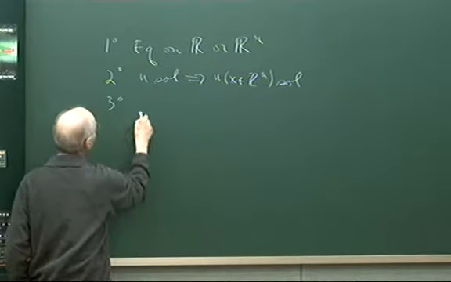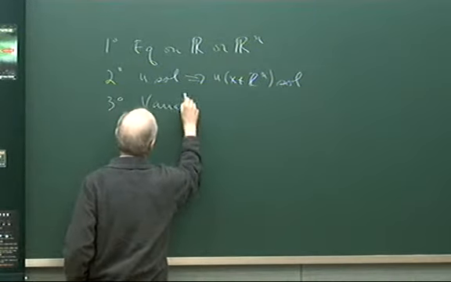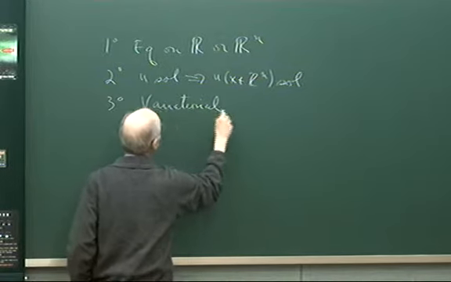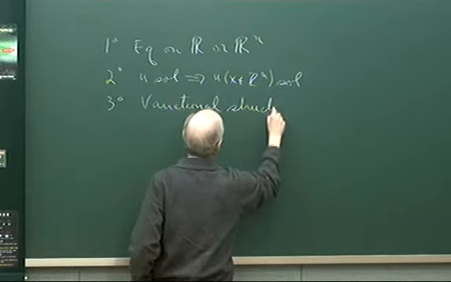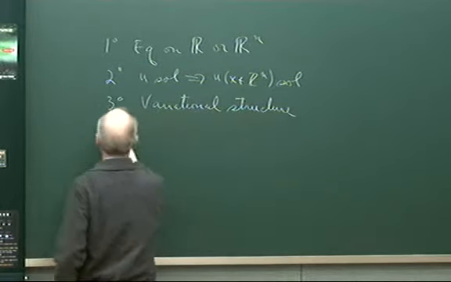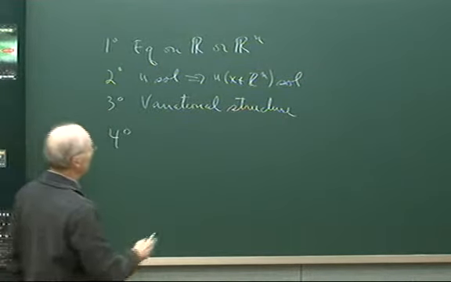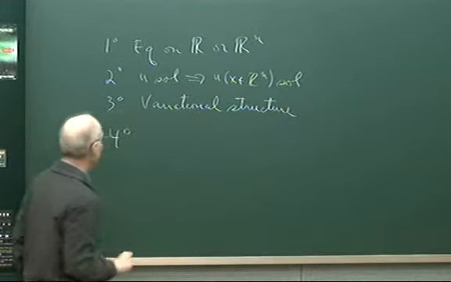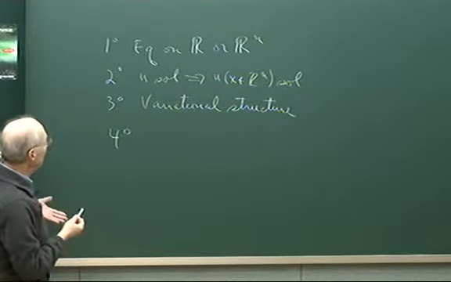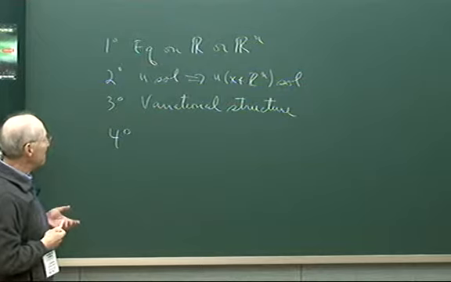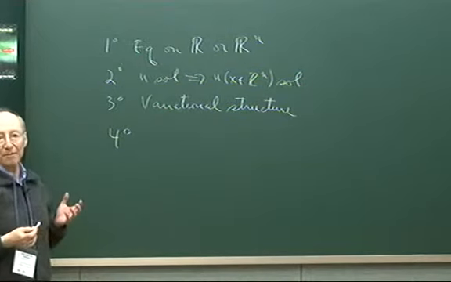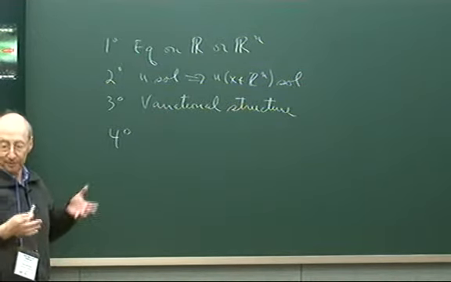Thirdly, there's some variational structure. And fourthly, the equations satisfy some sort of prescribed asymptotic behavior at infinity.